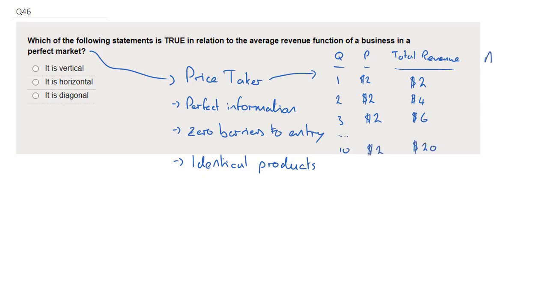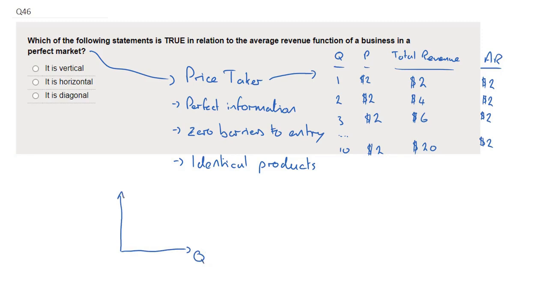So what does that mean in terms of average revenue? Well, the average revenue remains constant at $2. Every good we sell is priced at $2. What would that look like on a graph?